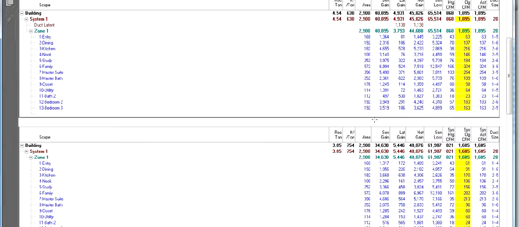Now there is one change. If you looked at my video about air infiltration, we talked about how air infiltration helps stop humidity from entering your house in the summer. If you look at the latent heat on the 2009 house, we are gaining 4,931 BTU of humidity in the summer.